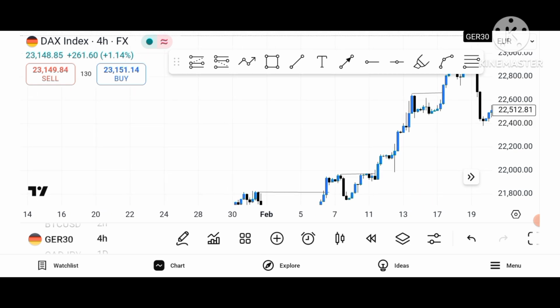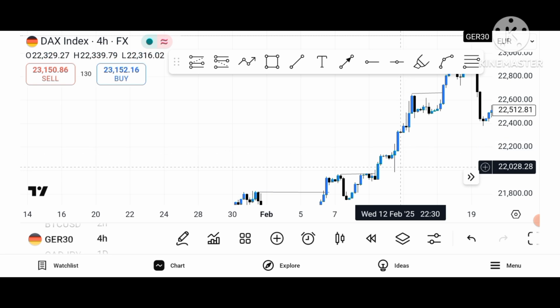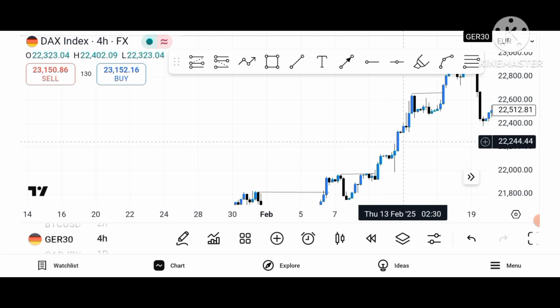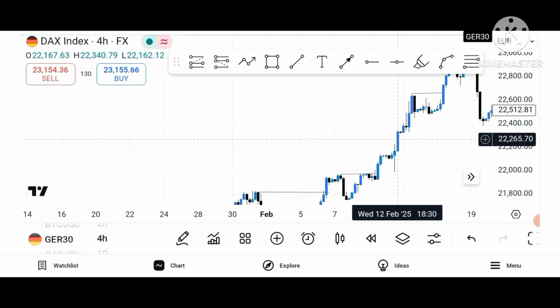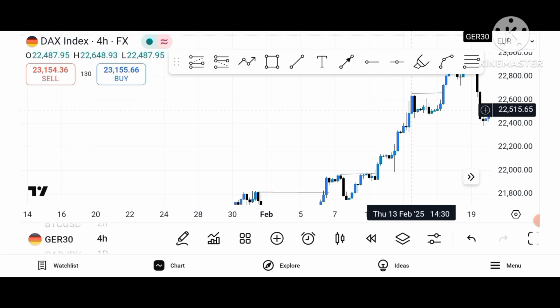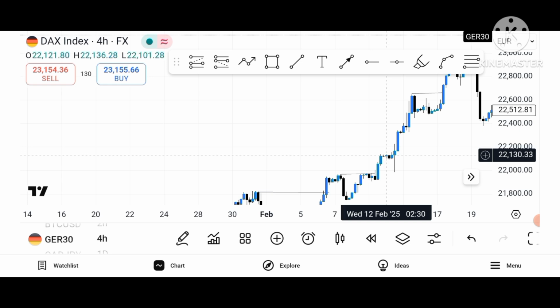These candles are creating inefficiency, which means the sellers didn't have a chance to sell, which means the market is gonna go back to fill these gaps. These are called institutional gaps, or fair value gaps, or imbalance, or inefficiency, however you want to call it.